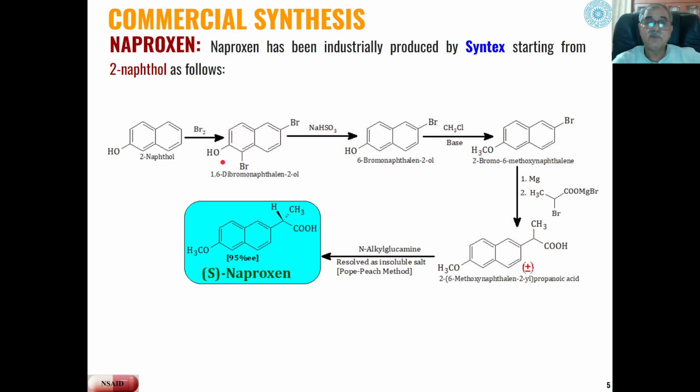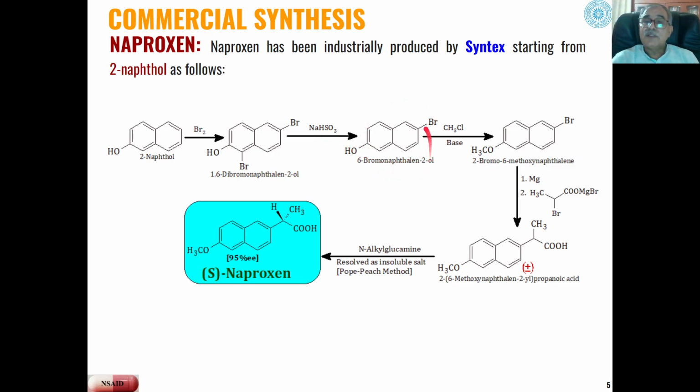When this dibromo naphthalene derivative is reacted with sodium sulfide, one of the bromides is selectively removed, whereas the 6-bromo remains. So 6-bromonaphthalen-2-ol is formed through reaction with sodium sulfide.